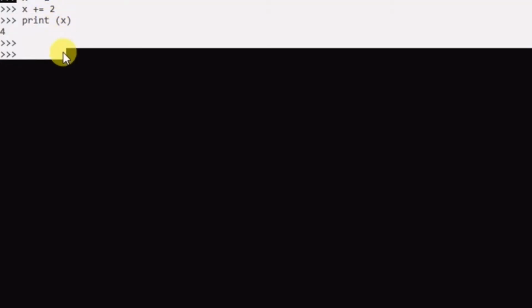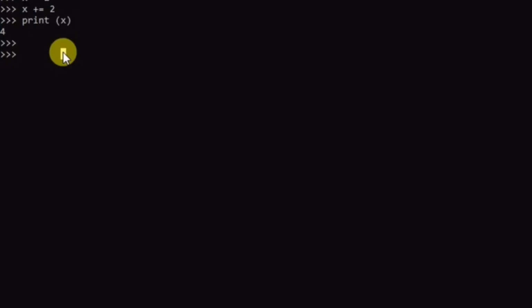Now we print the value of variable x. The output is 4, that is 2 plus 2 is equals to 4. So this is the addition operator of the assignment operators.